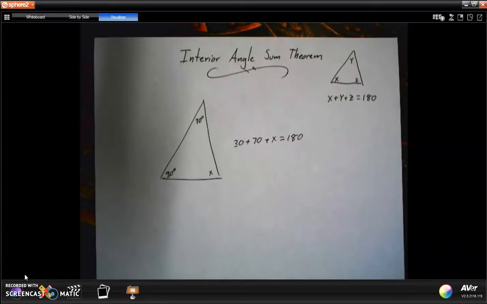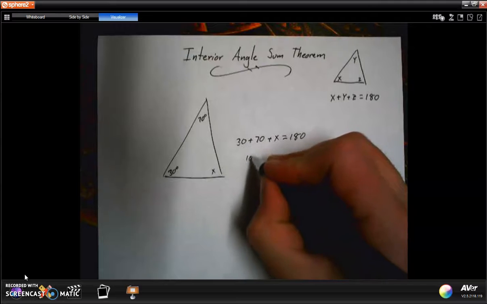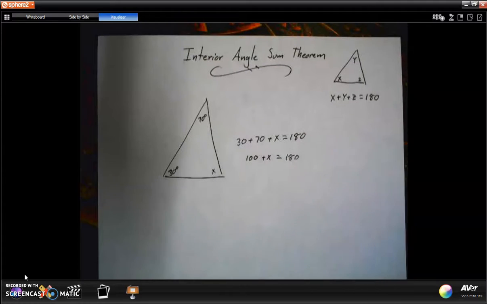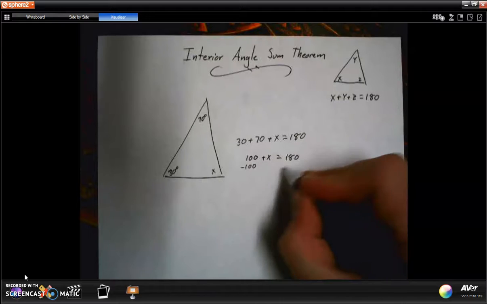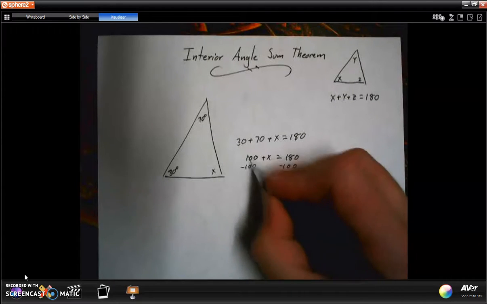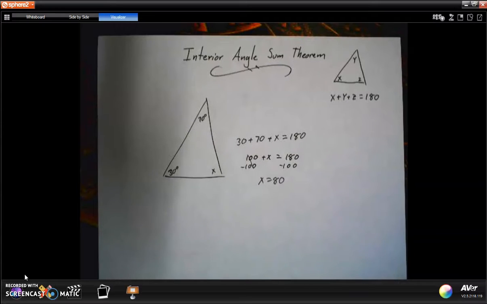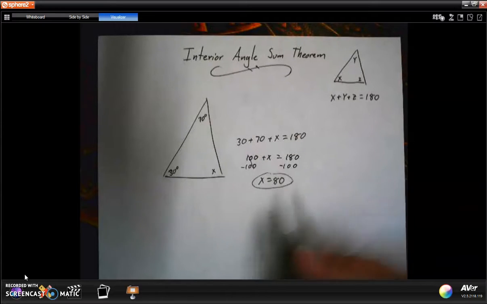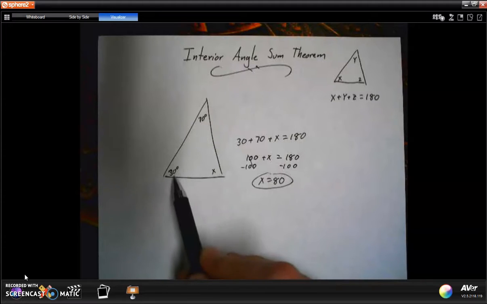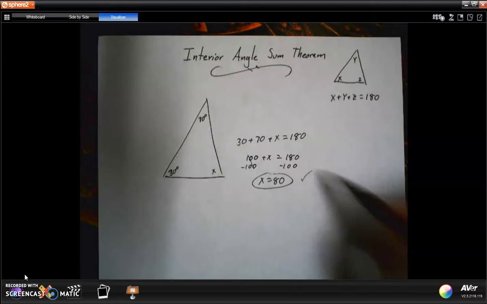We have an equation: 30 plus 70 is 100, plus something equals 180. Subtract 100 from both sides because we're undoing the addition. That cancels out, and you're left with X equals 180 minus 100, which is 80 degrees. So the missing angle has to be 80 degrees, because 80 plus 30 is 110, plus 70 is 180 degrees. So that checks out.